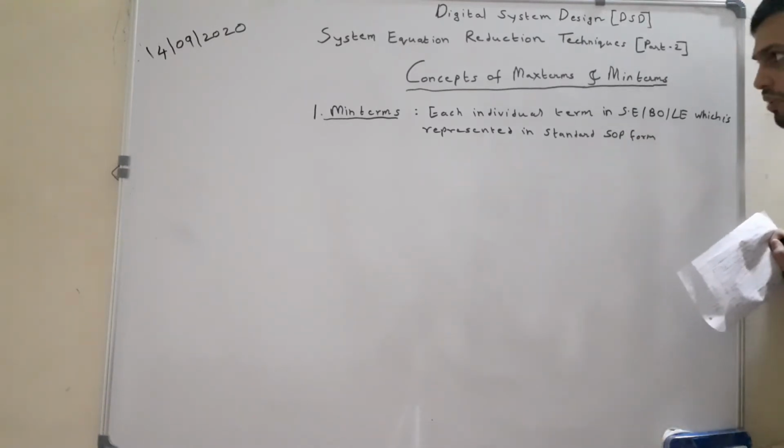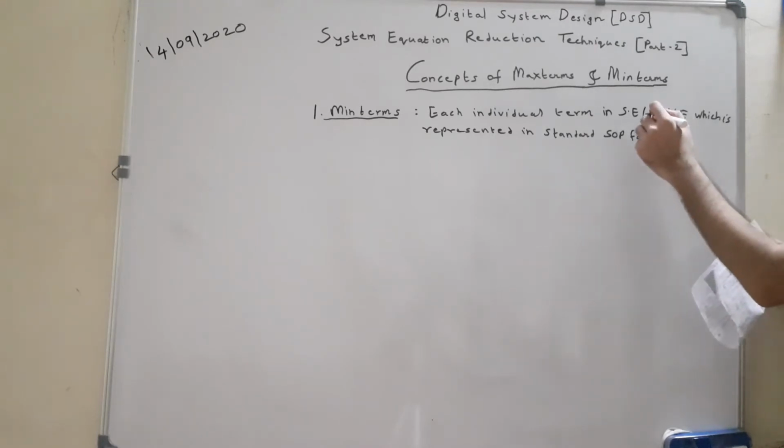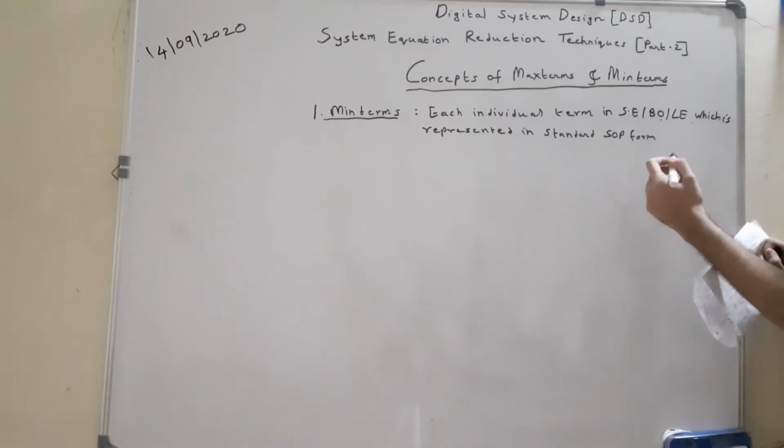Now what does this statement mean? I have defined min terms to be each individual term in the system equation, Boolean expression or logic expression which is represented in standard SOP form.